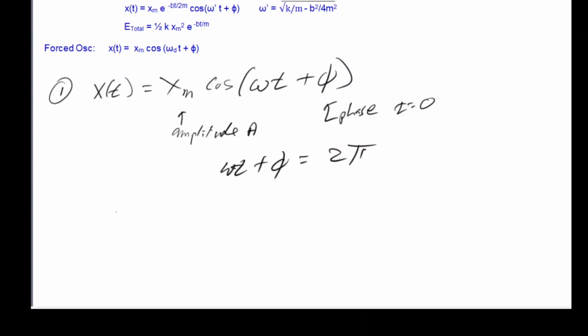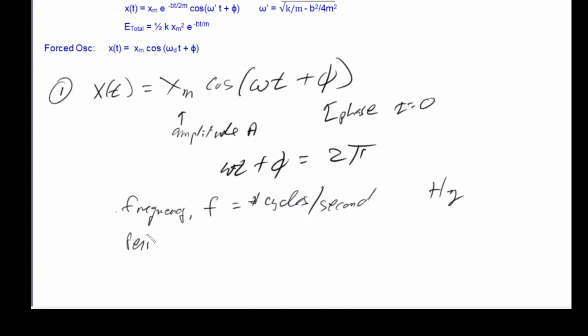We can also define some terms. So frequency, given as f, is equal to the number of cycles per second of the oscillation. And the unit for that is hertz, or Hz, where 1 hertz equals 1 cycle per second.